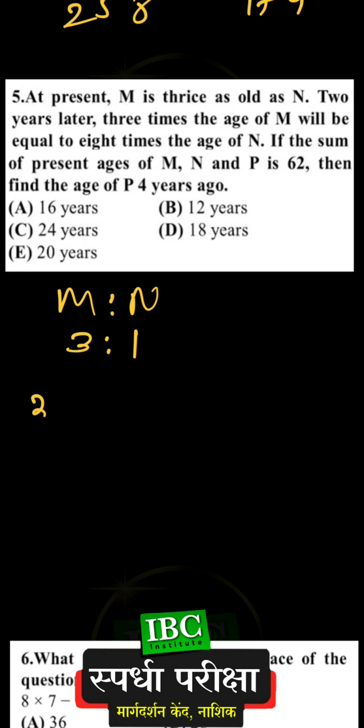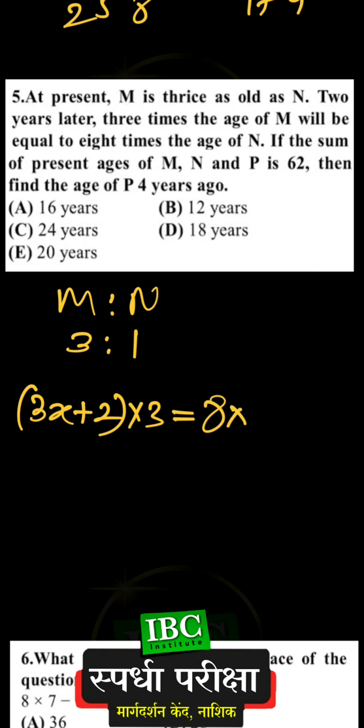M's value is 3x, and we have to go ahead by 2 years. 2 years later, 3 times the age of M will be equal to 8 times the age of N after 2 years. N's age at present is 1x, and after 2 years it will become 1x plus 2.